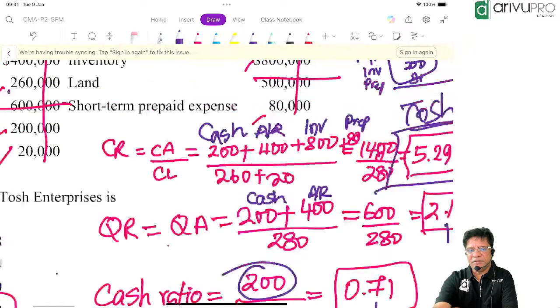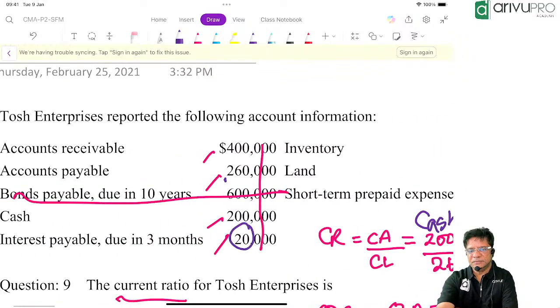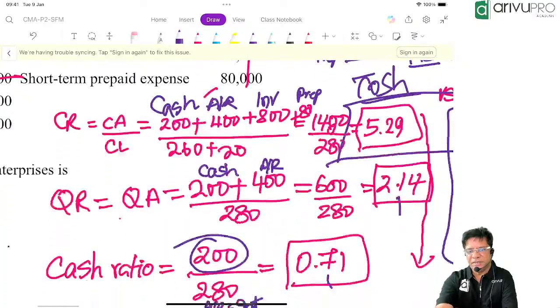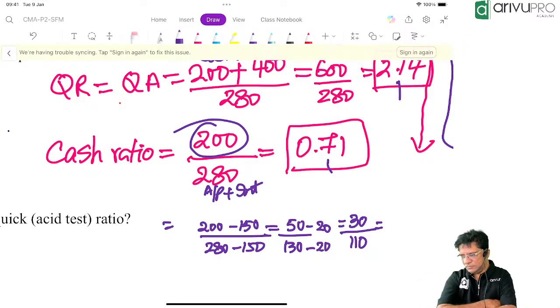Do you think the bank will keep quiet? You have to pay interest to the bank, 20. The bank will also take that. Minus 20. You are left with 30 divided by 110. Now how much is the ratio? 0.27. So 0.27 will be your cash ratio. Very precarious situation. Any emergency, you don't have money.